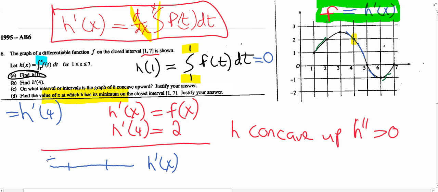And we can only look at it from 1 to 7. I don't know why I put two little marks here, because it looks like it only crosses at 5, correct?